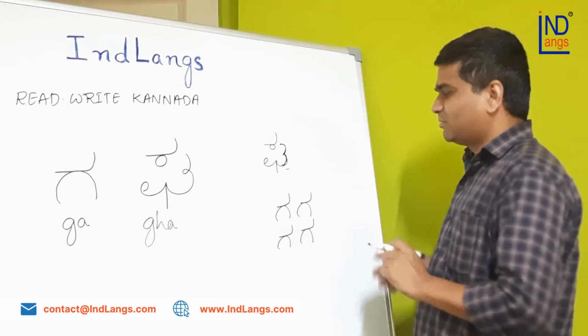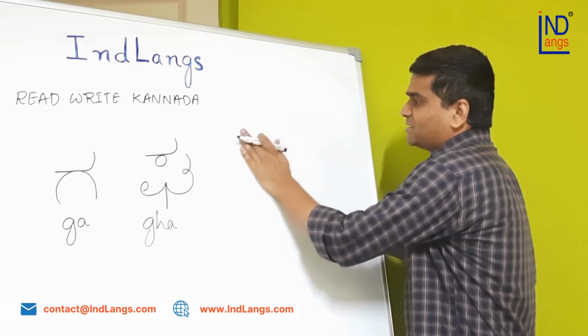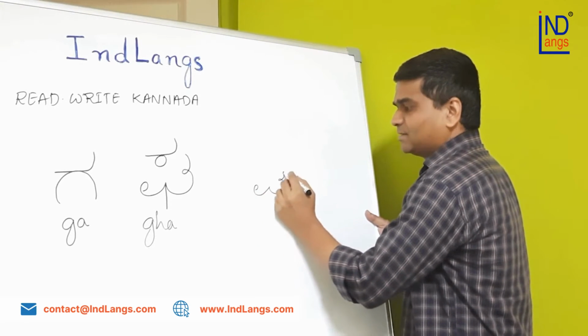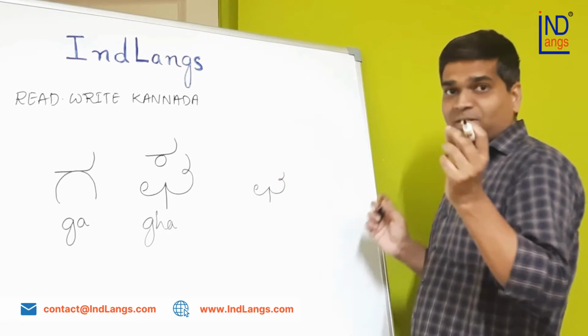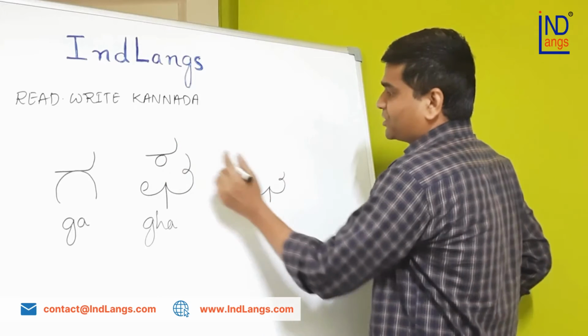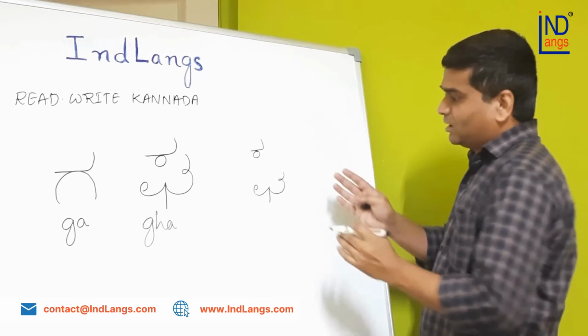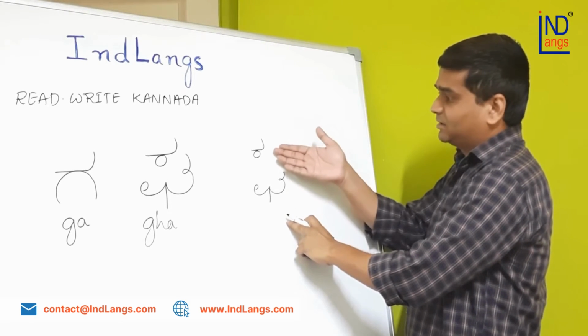But one thing here, most of the time when I take a class, when I ask people to write Gha, they write like this. This is perfectly fine, and they do a line also. And the upper part, the small circle and the kombu, they will attach here. Okay, hello. It's not like this base part should be on Earth and this is on Mars.